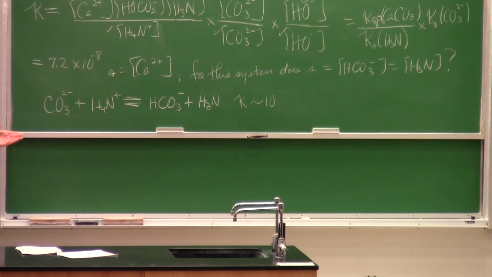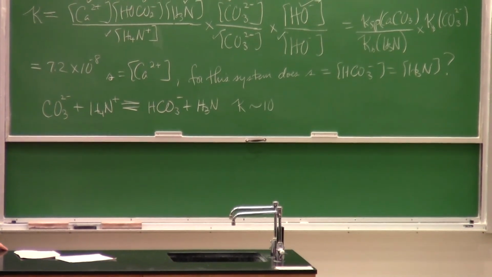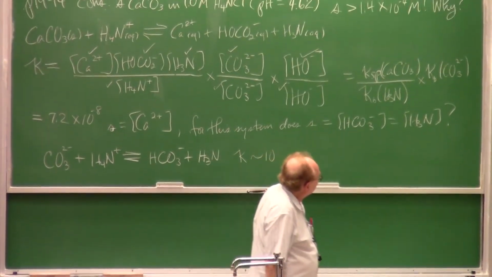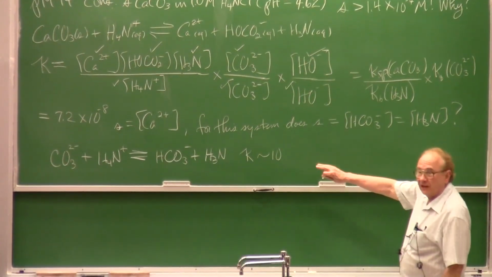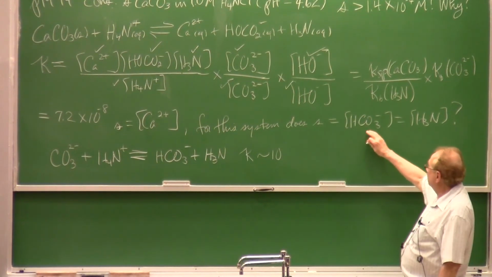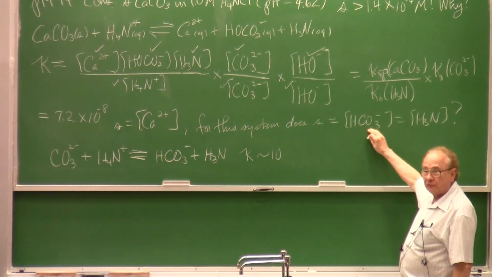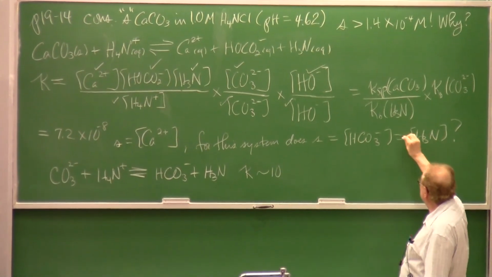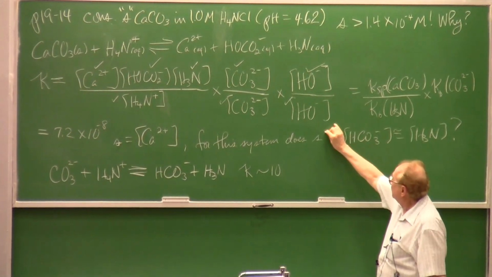So do we expect this to be a stoichiometric statement? Do we expect it to be a fair statement that for this system, S, which we know is the calcium ion molarity, is also equal to or about equal to the bicarb molarity, equal to or about equal to this molarity? Let's do this. Is that fair?